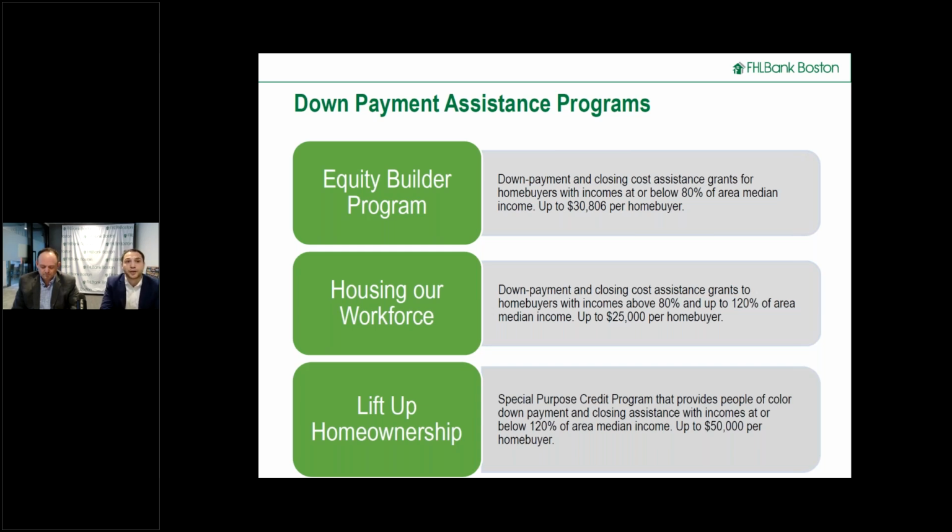It's a special purpose credit program, but it also goes up to 120% of the area median income. And it's also our largest down payment assistance program at $50,000, up to $25,000 for our Housing Our Workforce and $30,000 for our Equity Builder program. So these are great tools to have in your tool chest, even if it is not to expand on your bottom line necessarily, but engage with your borrowers and build on those relationships in your communities.